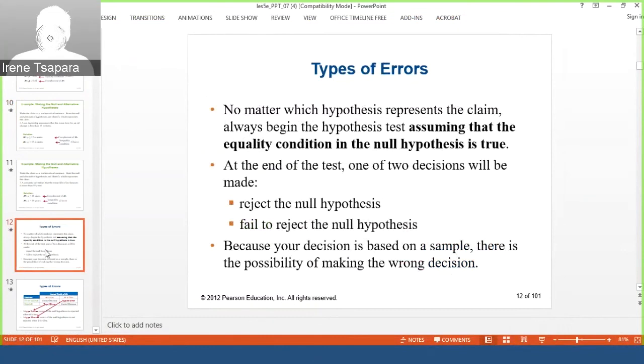Now, as we were discussing before with David, we have two different types of errors. At the end of the test, we run the test for the HO. We reject or fail to reject the null hypothesis. And it is possible, based on the confidence level that we have running our test, to have a wrong result, an incorrect result, an error.